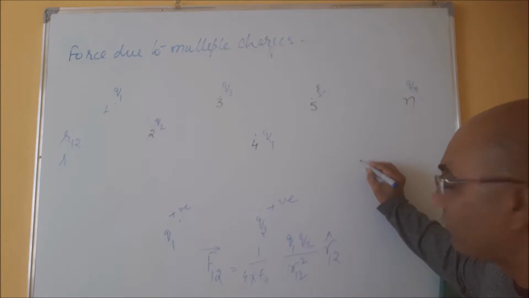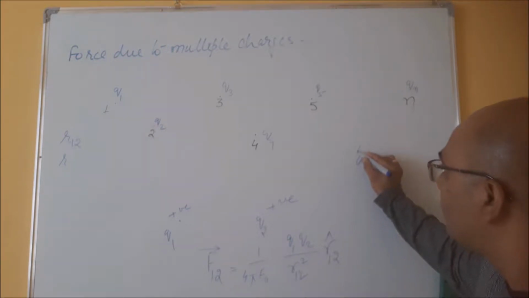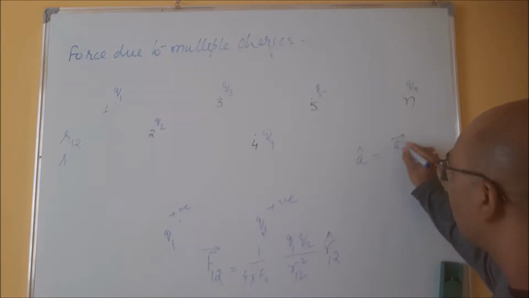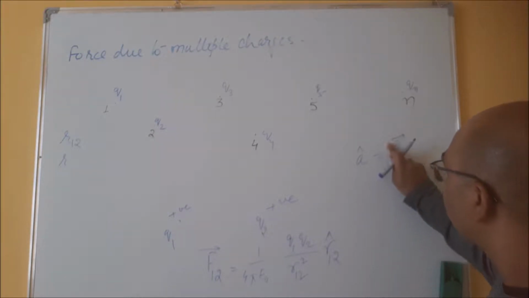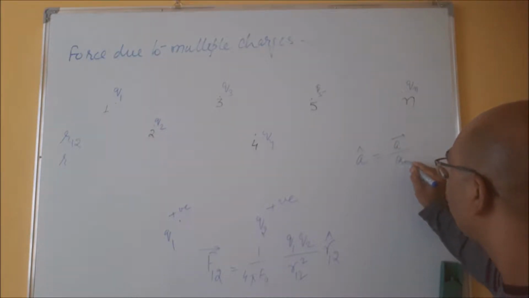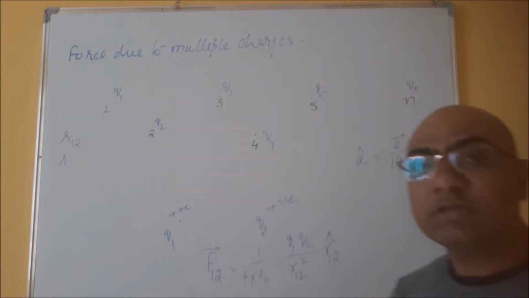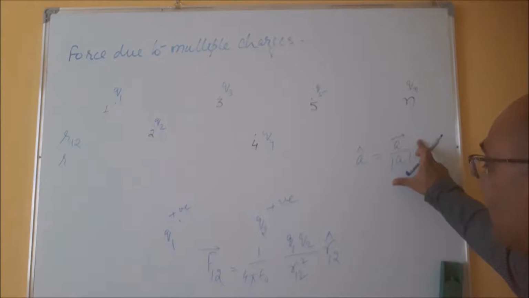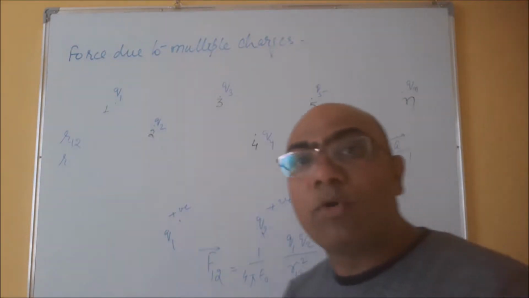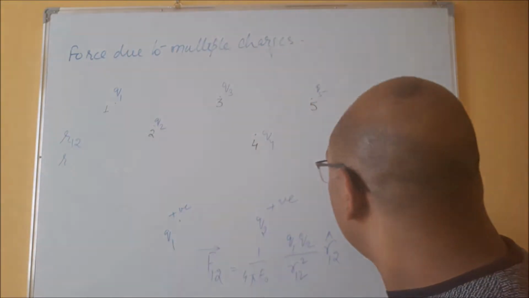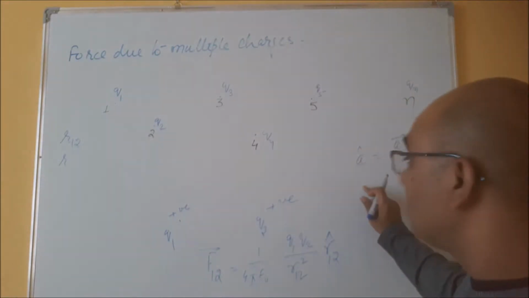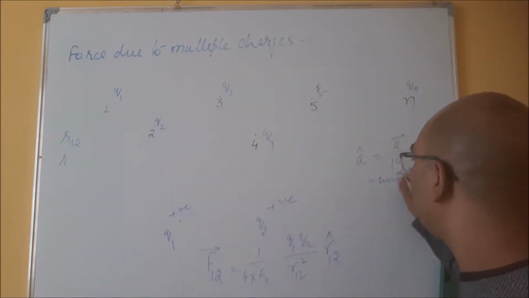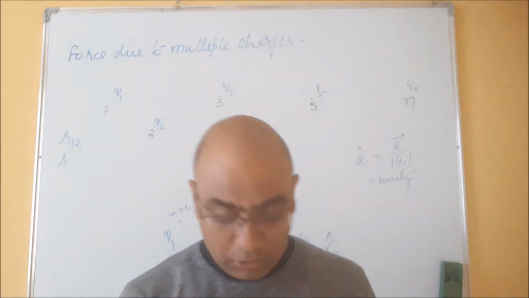From the basic knowledge of vectors, the A cap is given by the vector A divided by mod of A, so its magnitude will always be unity.